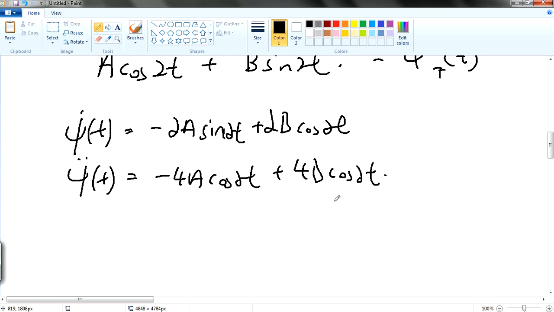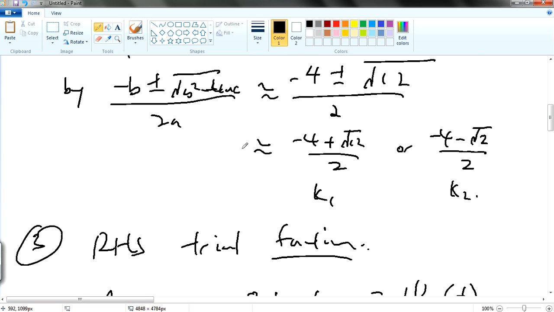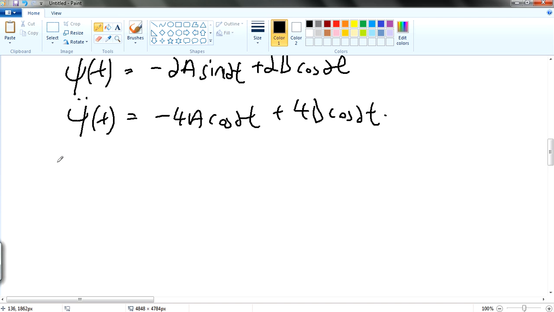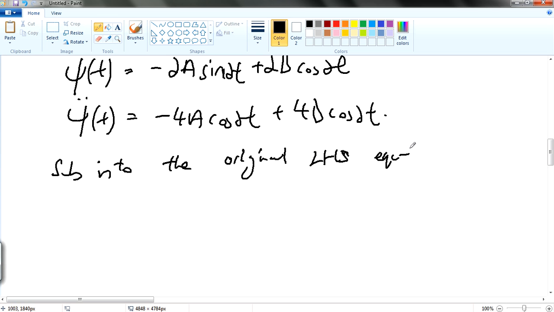Okay, so when I have this, I can substitute into the left hand side equation, the original left hand side equation.